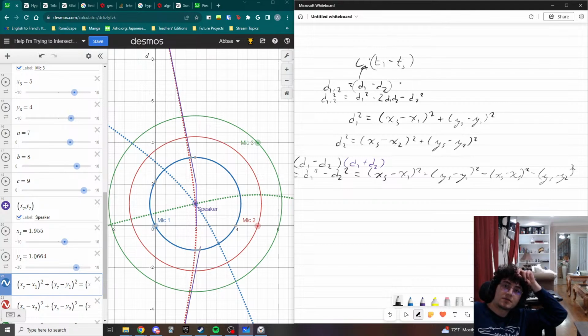Meanwhile, this whole thing is equal to C times ((T1 minus TS) minus (T2 minus TS)). And so this is much more easily doable because it simplifies to T1 minus T2, and then these cancel out. And we don't have the TS anymore, right?